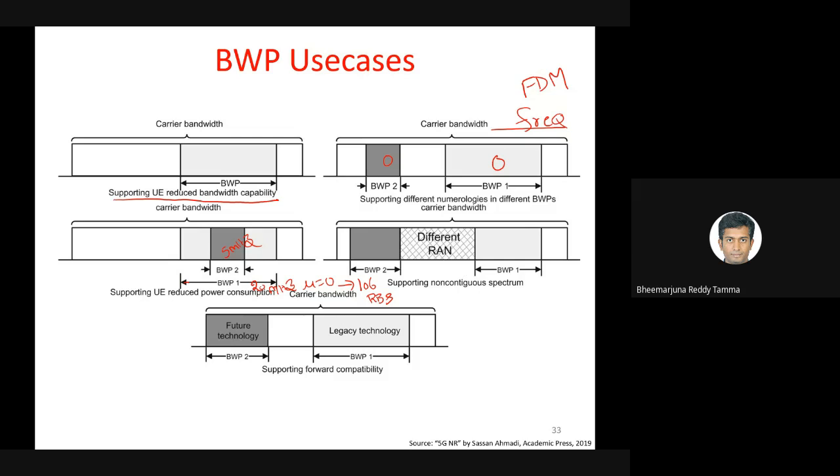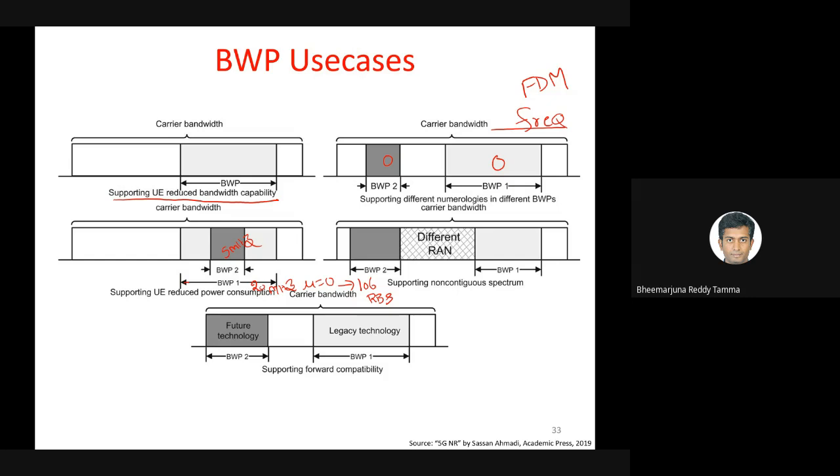At a later time, if the traffic is increasing at the user side, by looking at the buffer status report and other things, you can ask the user to come back to the initial bandwidth part, that is with 20 megahertz. That way, you can dynamically ask the user to use one of the bandwidth parts, with the idea of reducing the energy consumed when there is not enough traffic at the user side. That is the third use case.